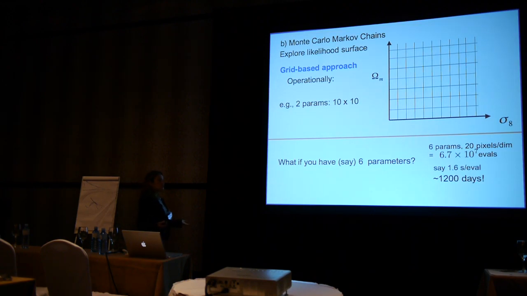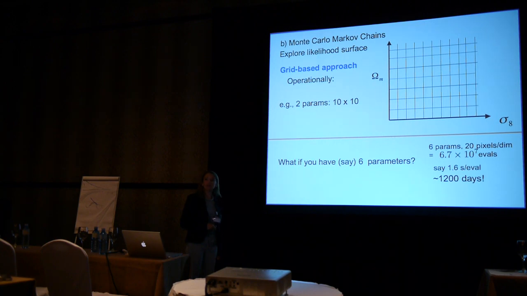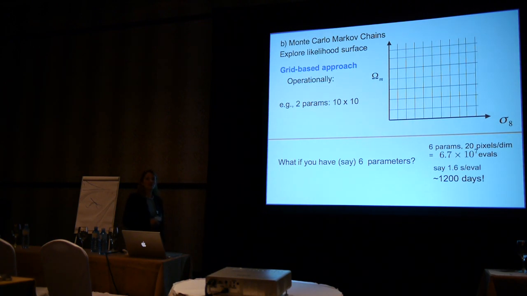Say that the evaluation of your likelihood or your theoretical model takes of the order of 1 to 2 seconds. It grows pretty quickly. And so this is what I say: if you can do the exact problem, do it, but in many cases, doing the exact problem may not be possible. And so that's where the approximated methods come in.